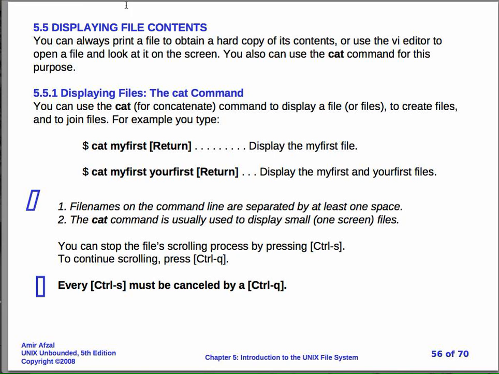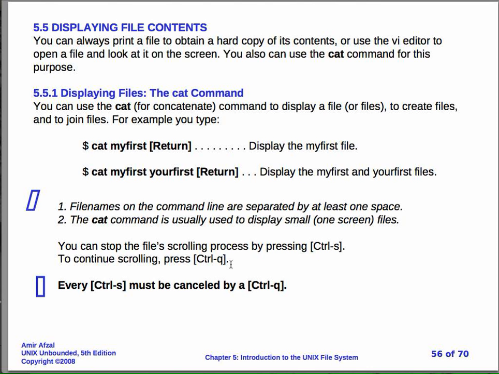Okay, so the book talks about how you can use the cat command usually for displaying small files. If you have a large file, it'll scroll and scroll and scroll, and you can stop the scrolling by pressing Control S for stop scrolling. And once you've stopped it, you can press Control Q. I like to think of it as Control Continue, and that allows you to continue scrolling.